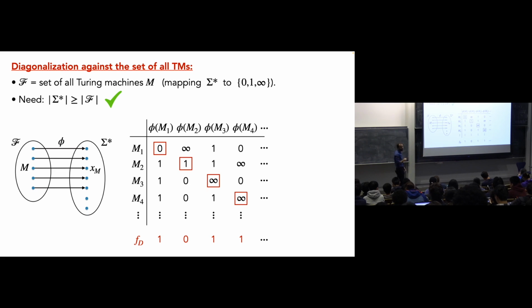The set of Turing machines is encodable, so let's make it explicit. What is this phi that we're going to use? What's this injection? It's the encoding function. I'm going to take some encoding function for Turing machines and map M to the encoding of M. This is our notation for encoding. So now my table looks like this: M1, M2, M3, M4, and now I have the encodings of M1, M2, M3, and M4.